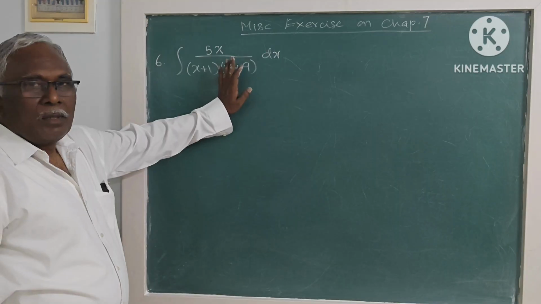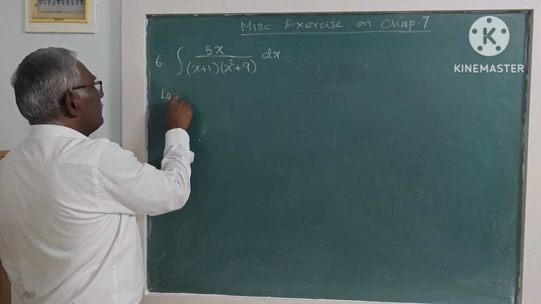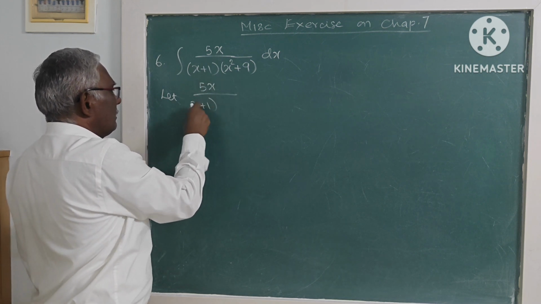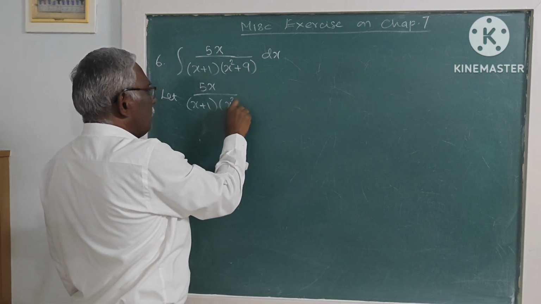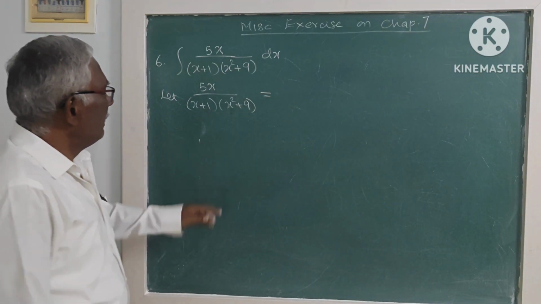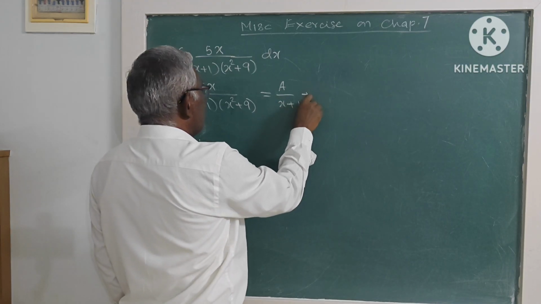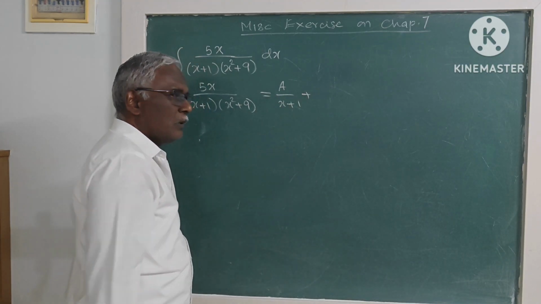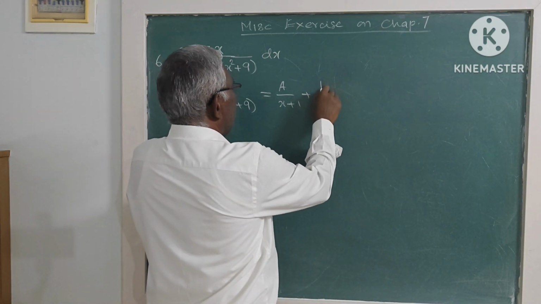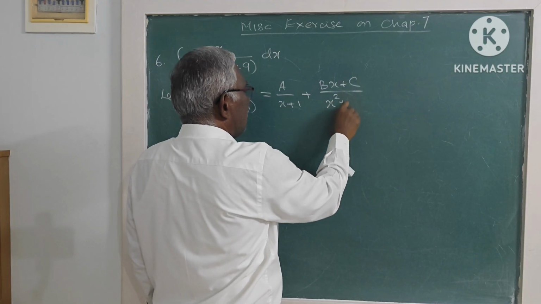So we have to use partial fraction method. So let 5x by x plus 1 into x square plus 9. How can you write? This is A by x plus 1 plus, for x square plus 9 cannot be factorized further, so we can write bx plus c by x square plus 9.